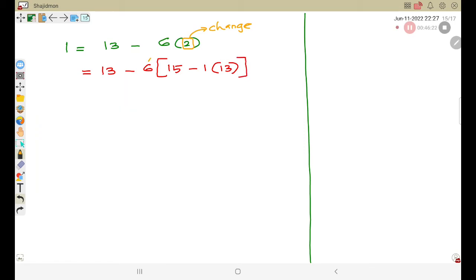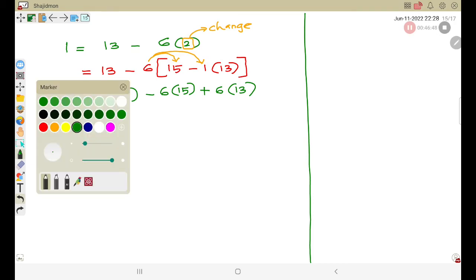Now you can expand this bracket, this and this, multiply. So it equals 1 multiplied by 13 minus 6 multiplied by 15 in bracket, minus into minus plus 1 multiplied by 6, 13 in bracket. Okay, now add the same terms.